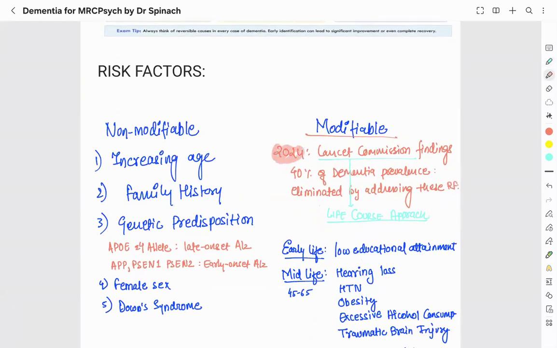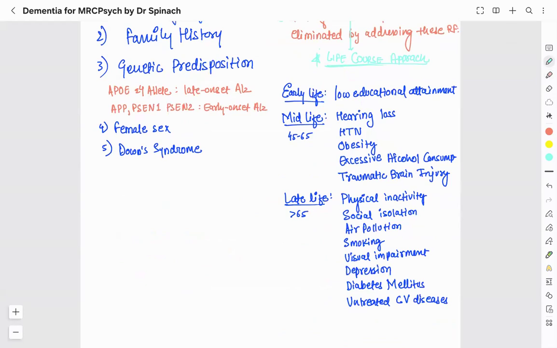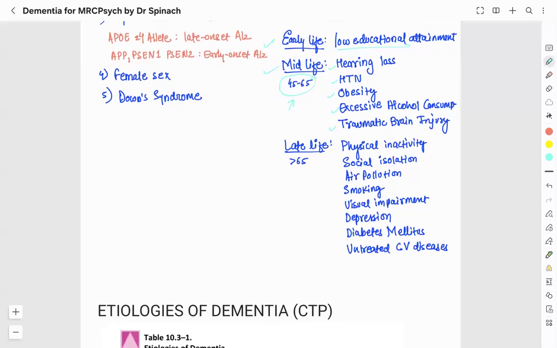Lancet Commission findings, and this is 40% of dementia. They took a life course approach, where early life is this. Midlife includes 45 to 65. They said hearing loss, hypertension, obesity, excessive alcohol consumption, and traumatic brain injury, if addressed, will reduce 40% of cases of dementia.